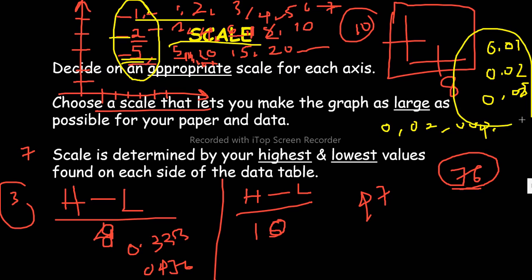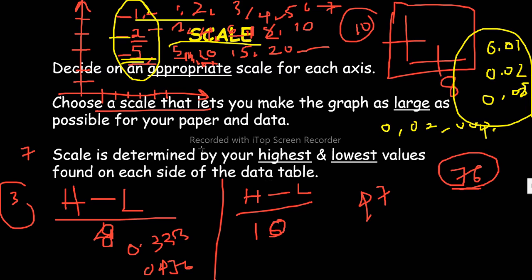So it's your data that will give you how these values are going to be written on the scale. But the key concept is the range should be either 1 or 2 or 5.